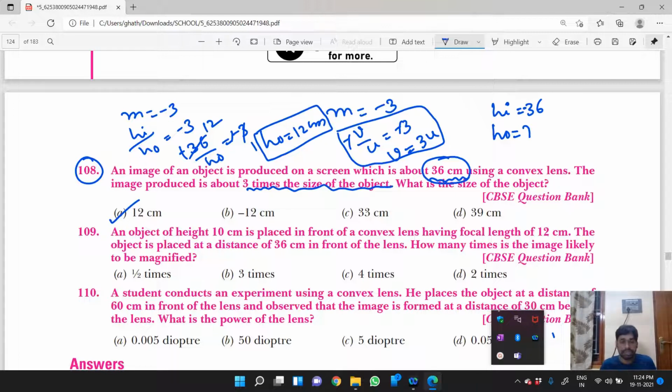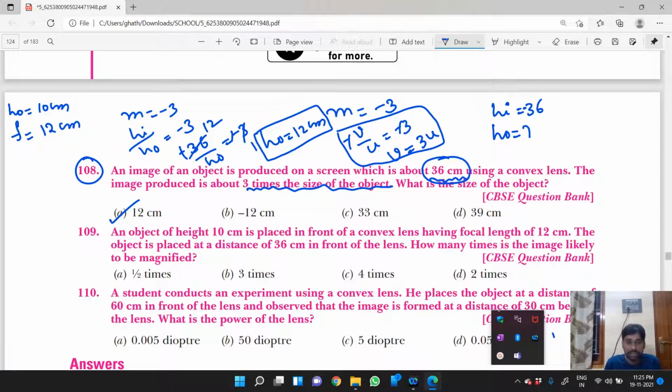Next, an object of height 10 centimeters is placed in front of a convex lens of focal length 12, which is positive for that lens.